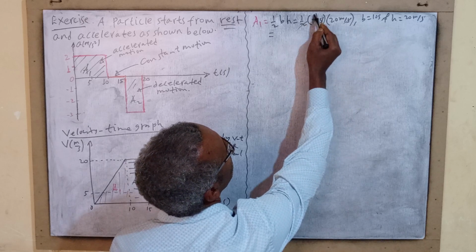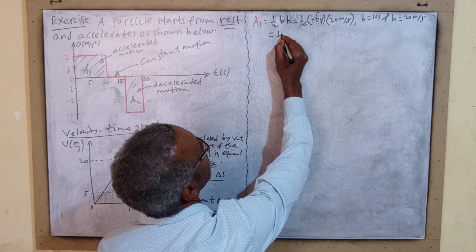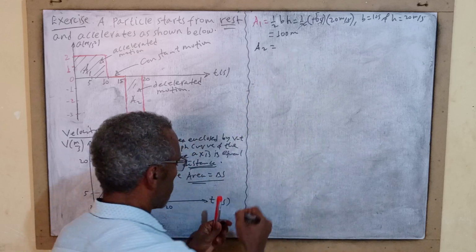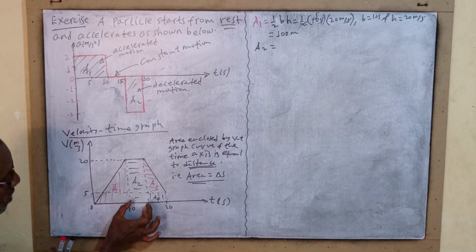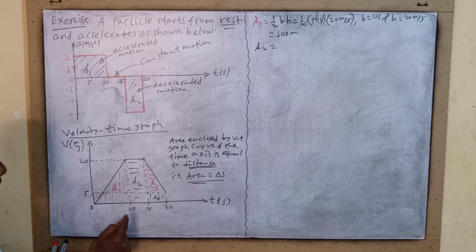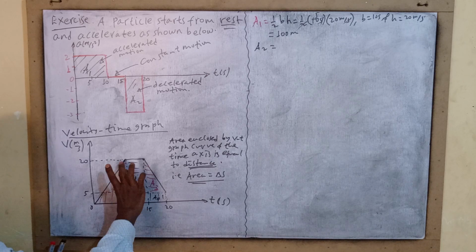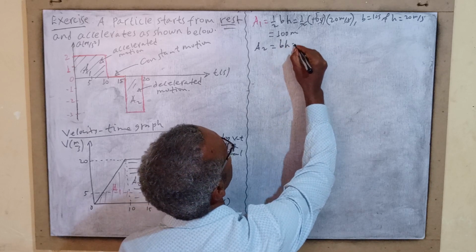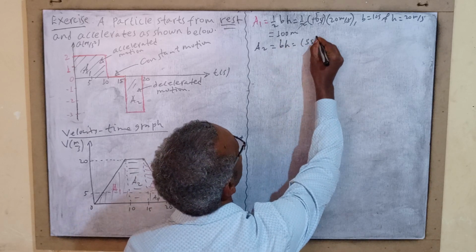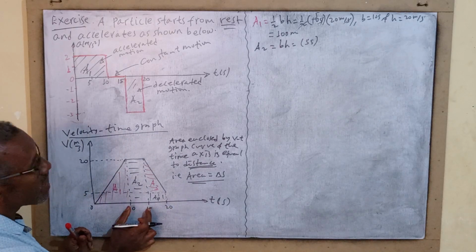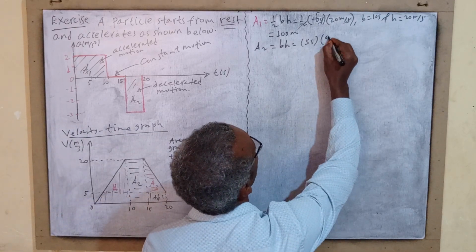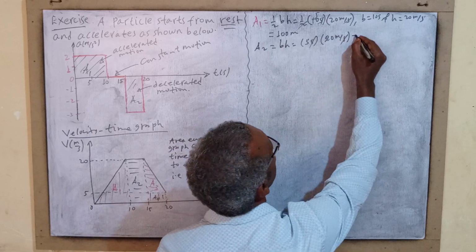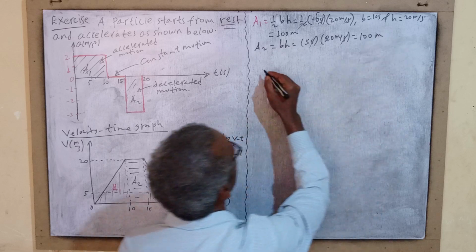Half times 10 is 5, 5 times 20, 100 meters. Area A2 is the area of this rectangle with base 5 seconds and height 20 meters per second. Base times height. Our base is 5 seconds because between 10 and 15 seconds we have 5 seconds, times height 20 meters per second. Second goes with second. 5 times 20, 100 meters.